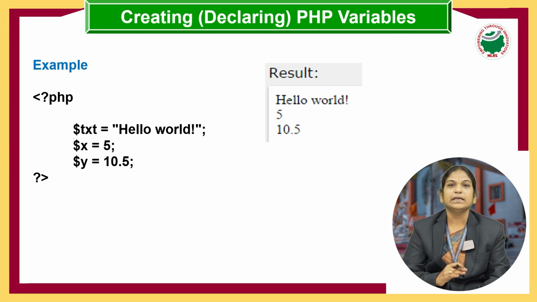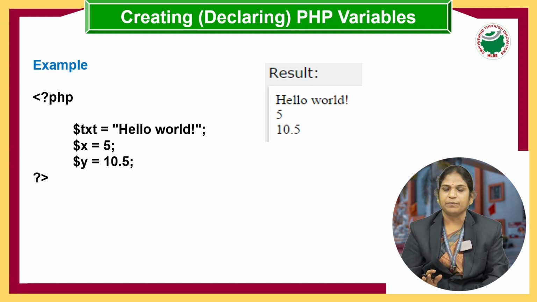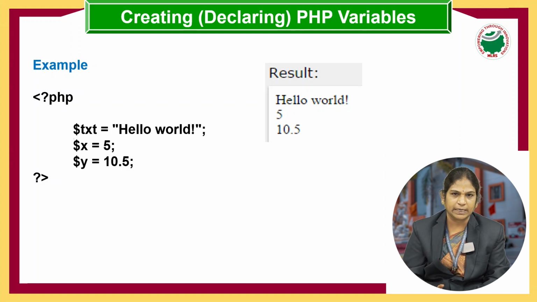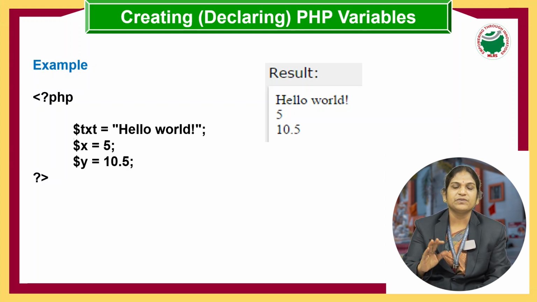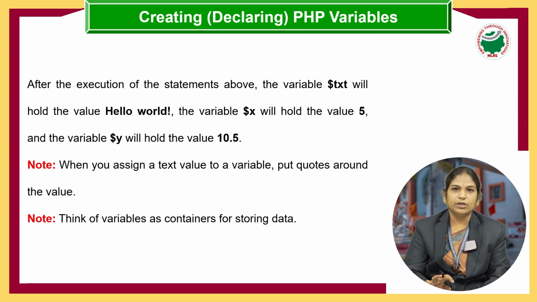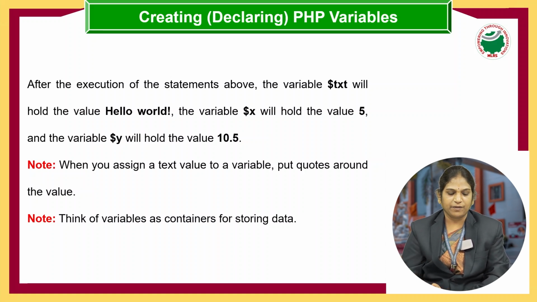It doesn't mean that it does not support any data type. It supports all the types of data, but there is no need of specifying the data type before assigning the value. So that's why we are calling PHP a loosely typed language.